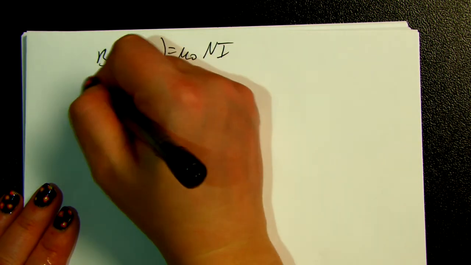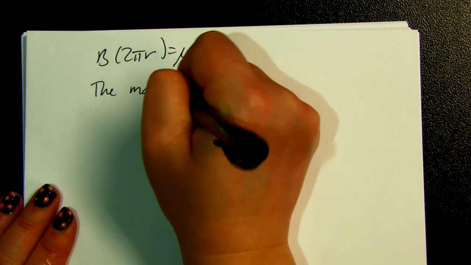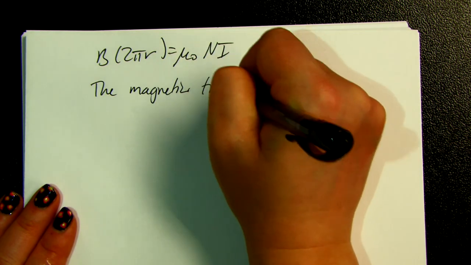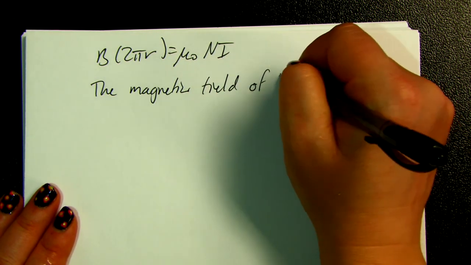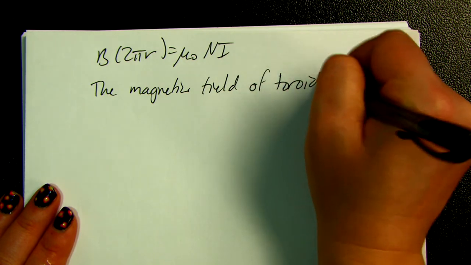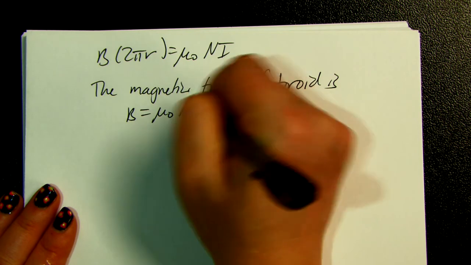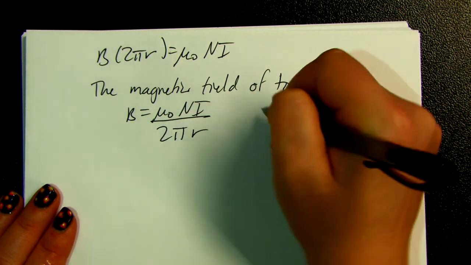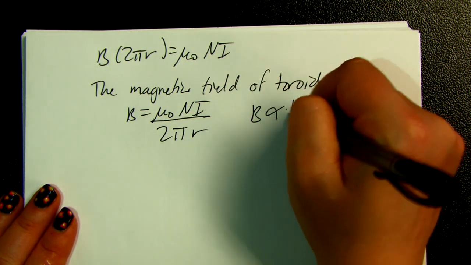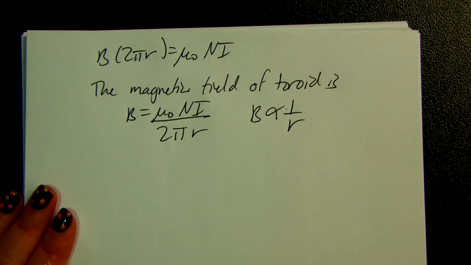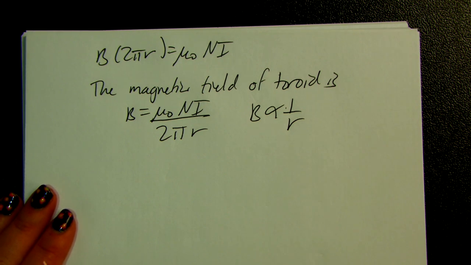So the magnetic field of a toroid is B is equal to mu naught N I over 2 pi r, and B is once again proportional to 1 over r. I mean, can you imagine solving that using Biot-Savart? Whereas Ampere's law, like 2 easy steps, and we were there.